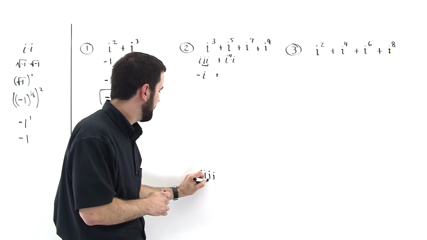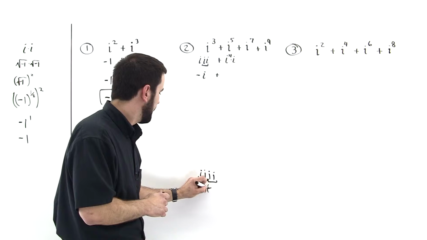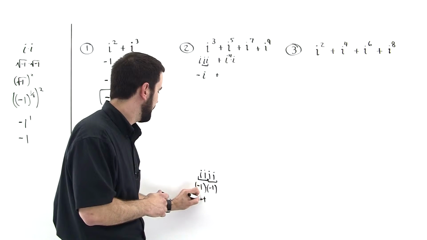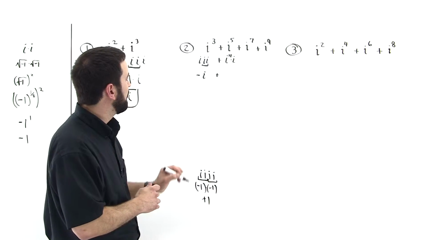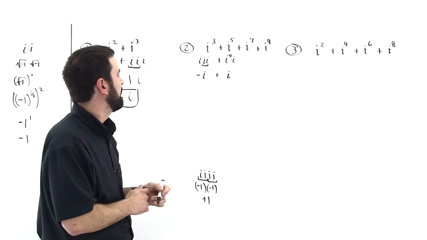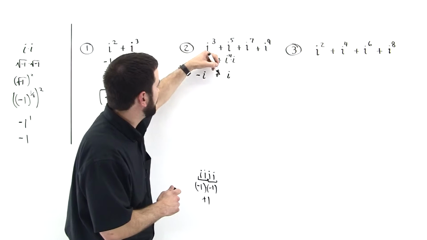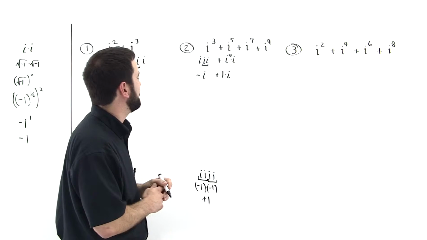The pairs give -1 times -1, which gives a +1, so then we have +1 times i. We could put the 1 here for demonstration.